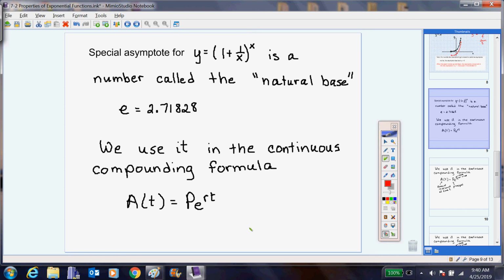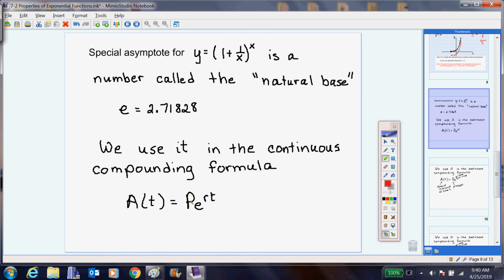Okay, here we go. The continuous compounding formula. If you'll notice, it still is an amount. We had a compounding formula, guys, that dealt with compounding something on a yearly basis or in one increment at a time.